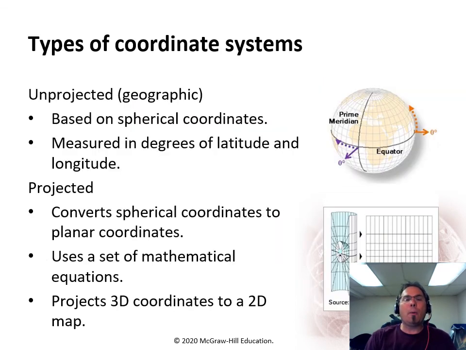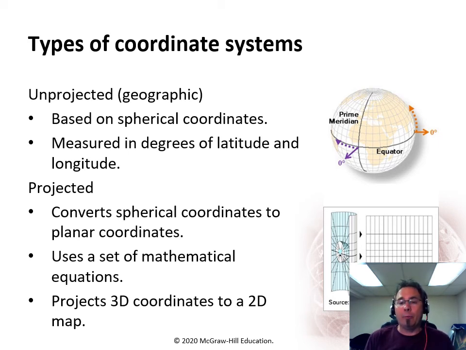So there's two types of coordinate systems: what's considered unprojected or geographic, and projected. Now, we live on a roundish ball that's floating through space and spinning, but it's definitely a roundish ball. It's not a flat computer screen. So unprojected equals Lat/Lon.